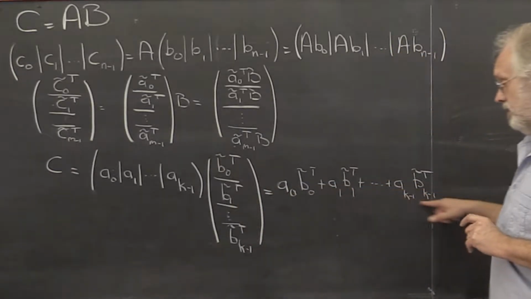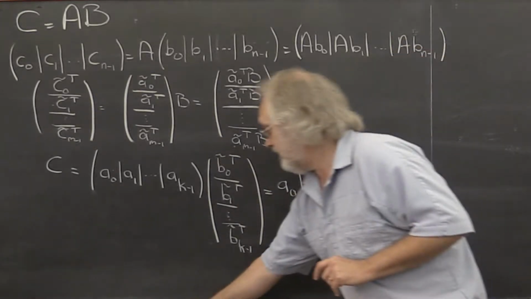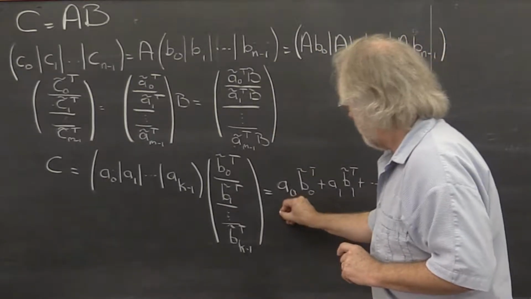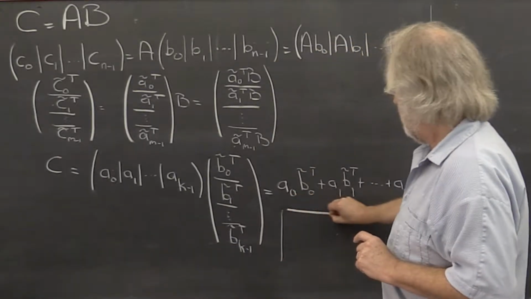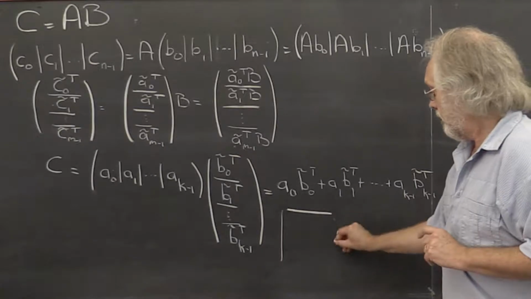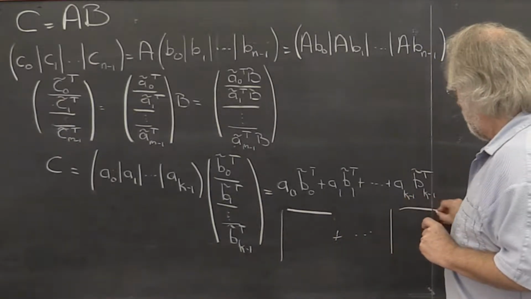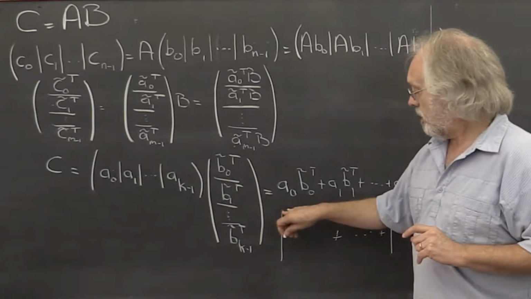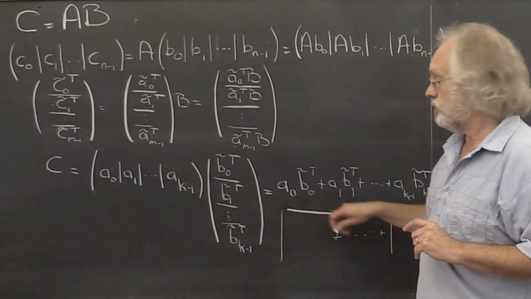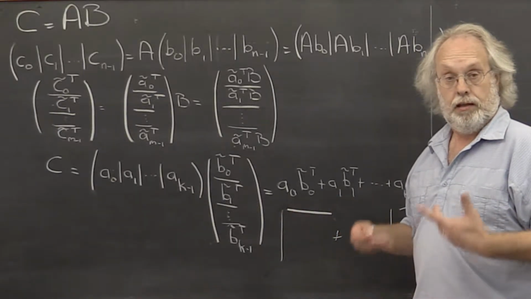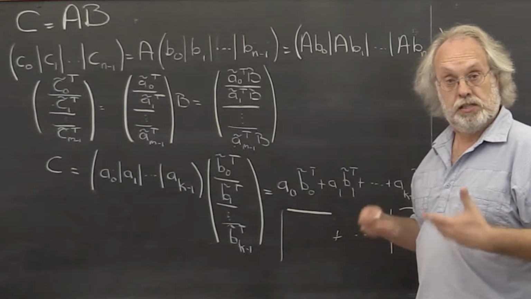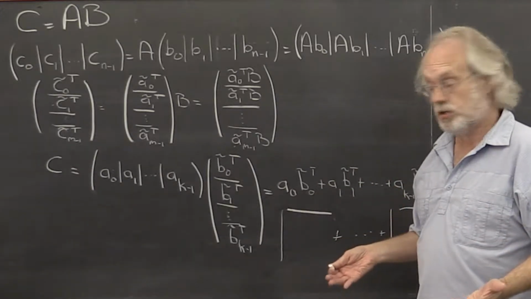And that's what we've written here. Now notice that each of these terms is a column times a row, and so forth. And you learned that multiplying a column times a row is actually a rank 1 matrix. It's actually an outer product is what it's called.